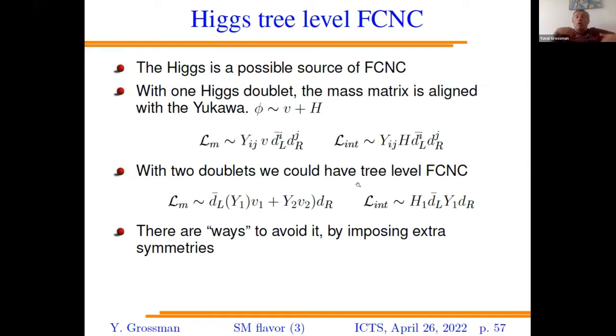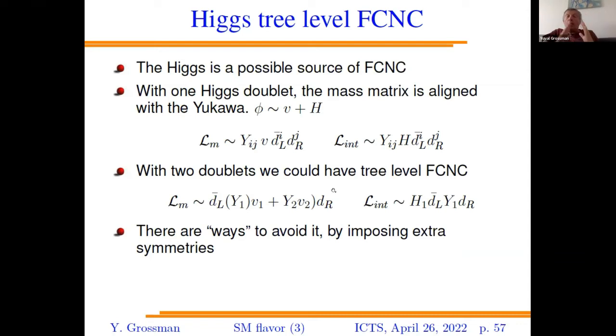Okay, so in this case, there's no proportionality, right? Because the mass term is proportional to the diagonalization of this sum of the two matrices y1 v1 plus y2 v2, whereas the interaction is proportional to just y1. And there's no reason that when I diagonalize this sum, I diagonalize y1 and y2 separately. Okay?